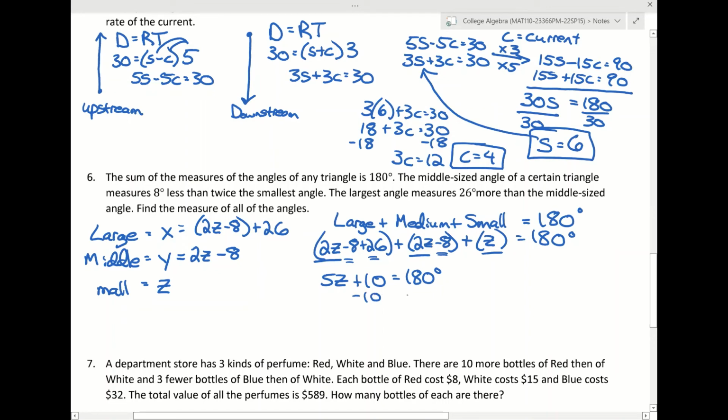If we subtract 10 on both sides, we get 5z is equal to 170. So z would just be, if we divide by 5, 170 divided by 5 is 34. That's the smallest angle. So this would be the smallest.